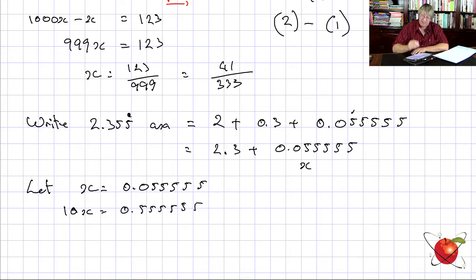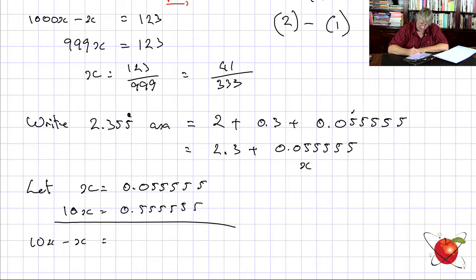We take the big one minus the small one. So it's 10x minus x equals, what is 0.5555 minus that? Look what happens here. Can you see? That all disappears, ending up with 0.5.